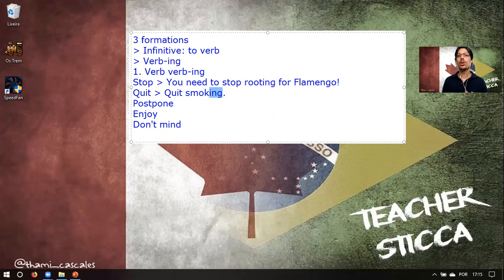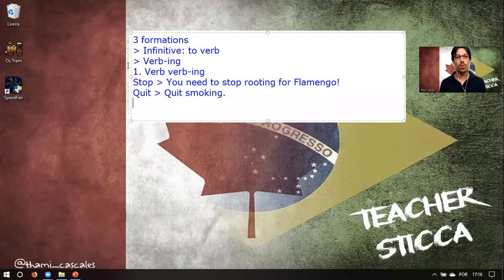You see that we're using ing after these verbs because they fit into this rule here. I'm going to talk a little about some specific cases, but there are not so many verbs we use in this formation here, okay?